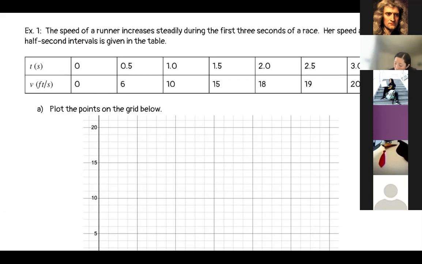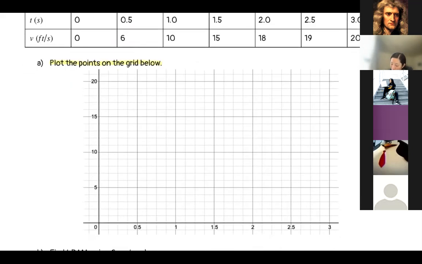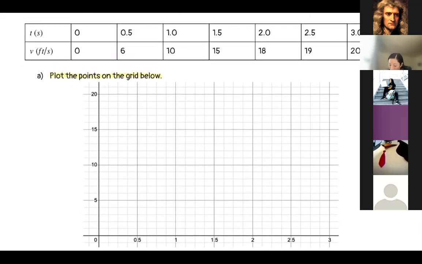And so what we're going to do first is plot the points on the grid below. So we're going to plot these points, okay? And let's see what we get. We are not, however, connecting the points. So we're only plotting them, okay?